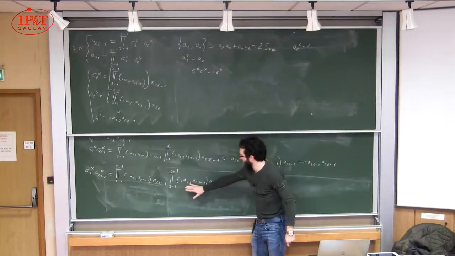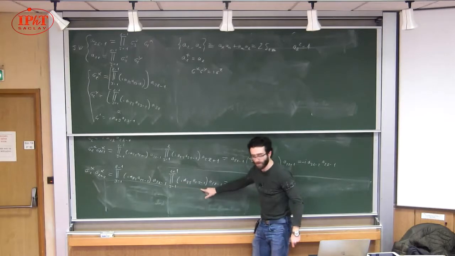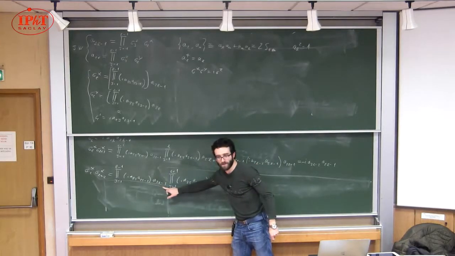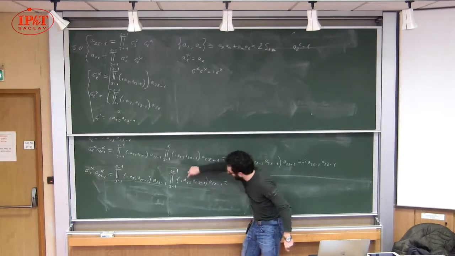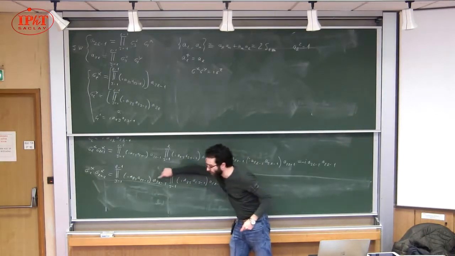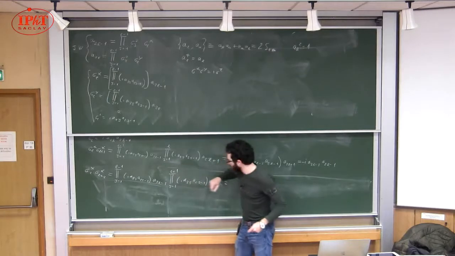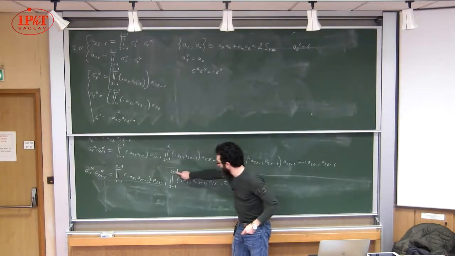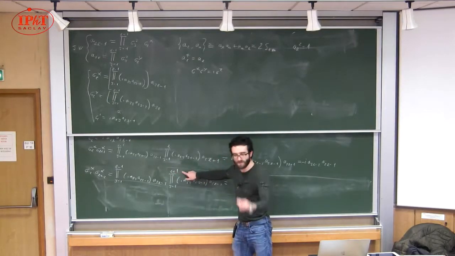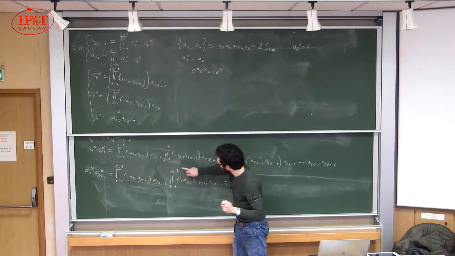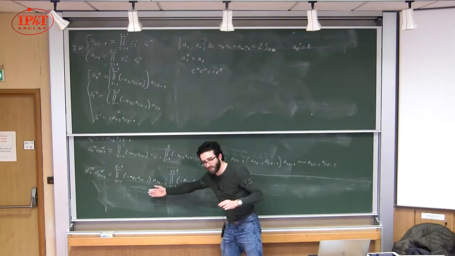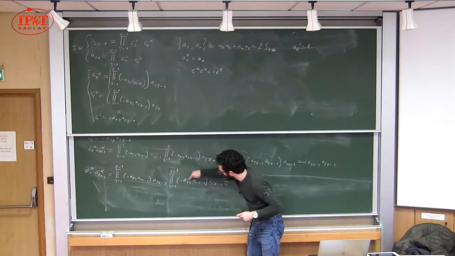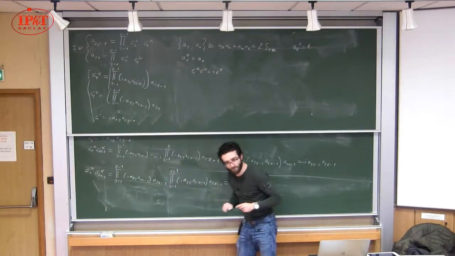Again, you have the l terms of this that commute with a_{2l-1} because they are just different. Each Majorana fermion anti-commutes with this. You have L plus 1 minus 1 terms that commute, and only the term corresponding to l doesn't commute with this.